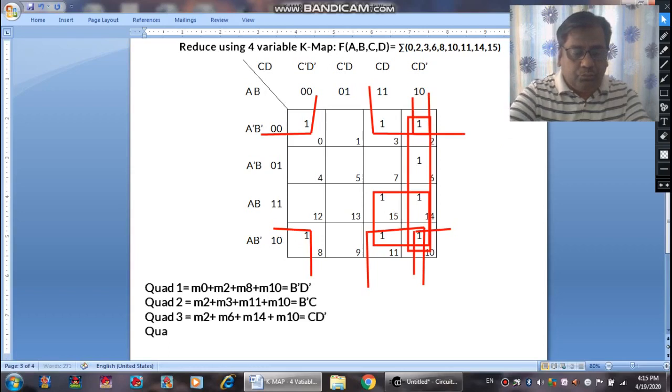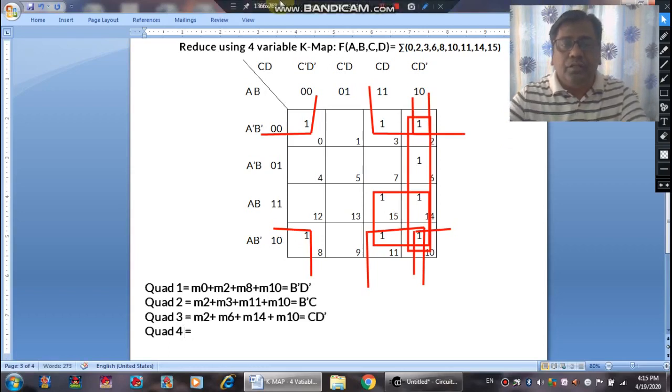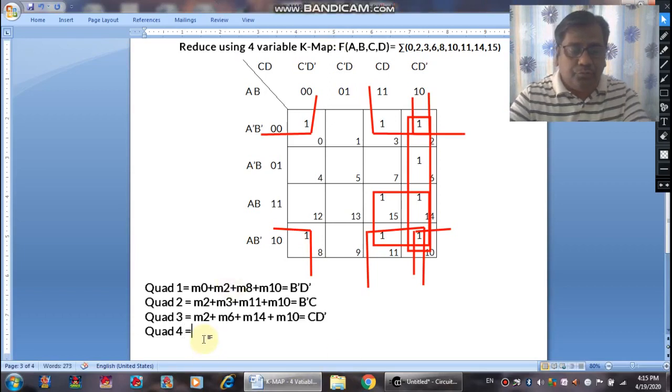Next we will talk about the quad number 4. When we are talking about the quad number 4, the cardinals which we are using are M15, M14, M11 and M10.